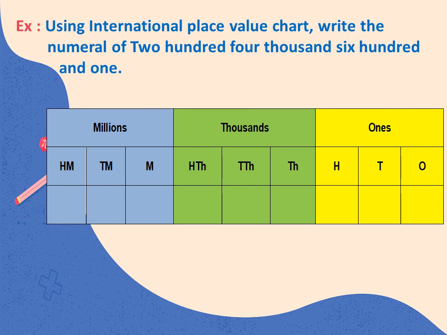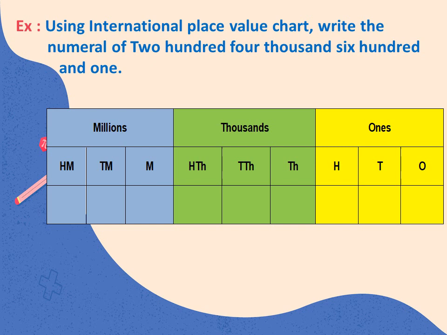Let's take an example. Using the International Place Value chart, write the numeral of 204,601. By reading this we can understand that 204 comes in the thousands period and 601 comes in the next period, that is the ones period. According to the rule, we should start entering the digits from right to left.